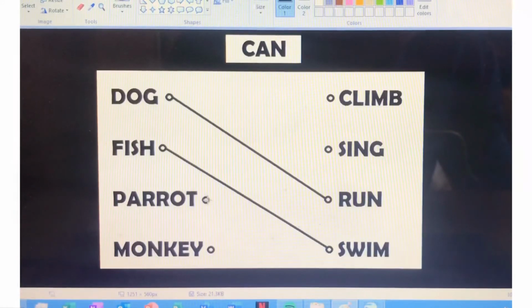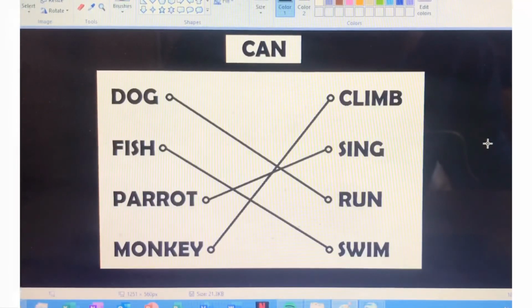The parrot can sing. And finally, the monkey can climb. Very good job, everyone. Remember, these are all abilities that the animals can do.